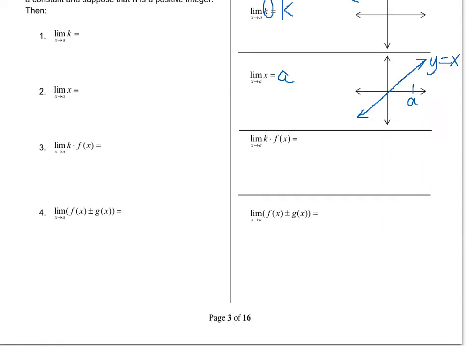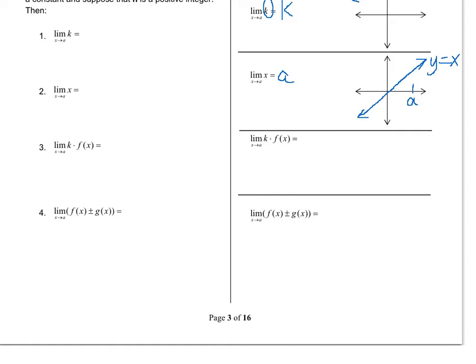Okay, for this next piece, limit theorem number 3, we're talking about what happens as x approaches a of a constant times a function. Now there's not really a whole lot of explanation that goes into this one other than the fact that because it's a constant times a function, you can almost factor out that constant.